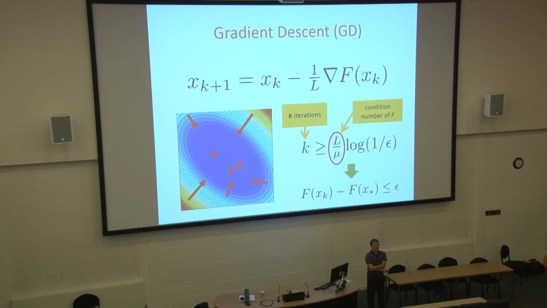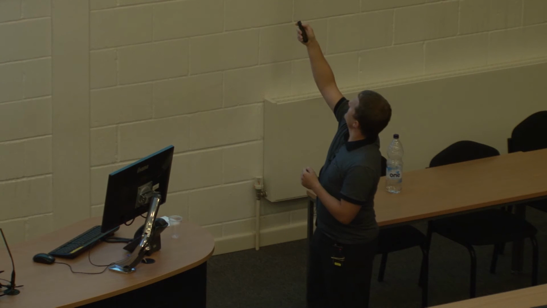Now, this is all beautiful and nice. But the problem with this in data science, and this was the first kind of algorithm that was tried in data science, like a decade ago or so, is that when you compute this gradient, you need to look at all the data describing the problem. You need to read all the data. That amount of work is required to compute the gradient.